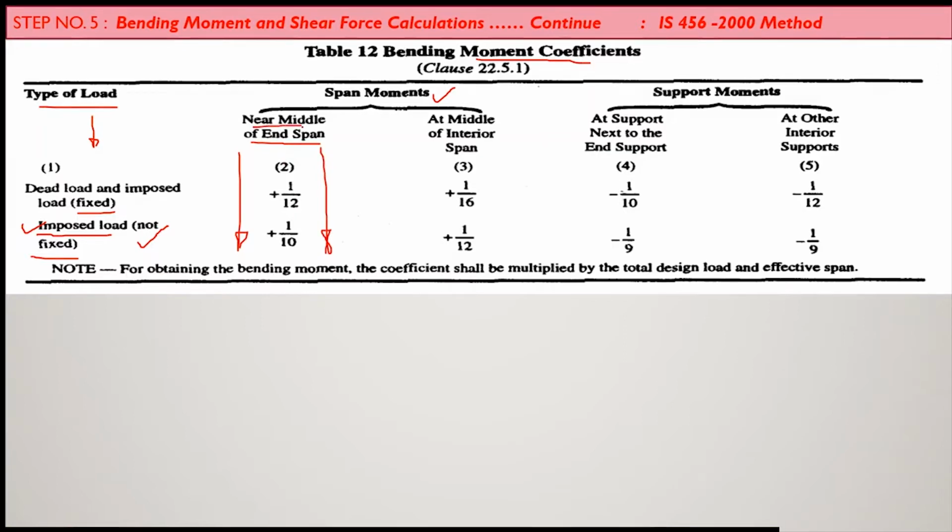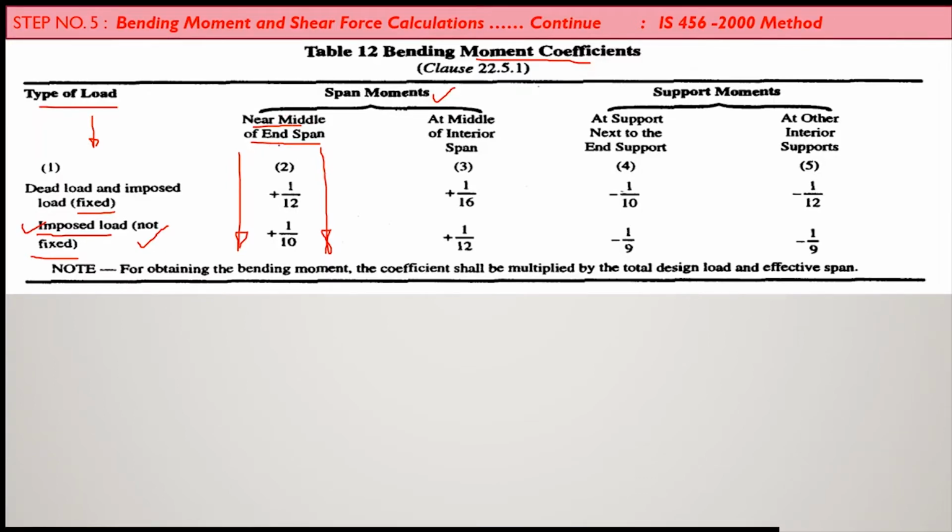Here it is mentioned near middle of end span, and we are very much aware that when you calculate bending moment at supports in a continuous beam, those bending moments will be negative, but throughout the span the value will be maximum at the middle of the span.